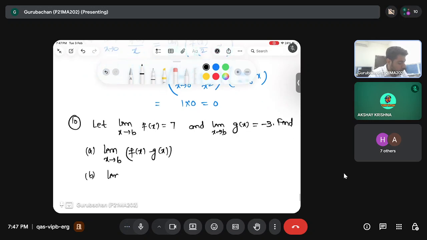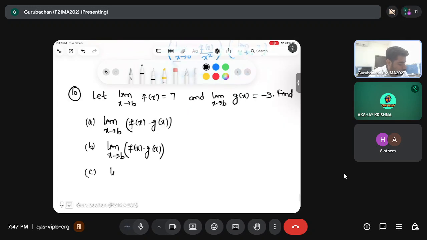Limit x tends to b of f(x) into g(x). C part is limit x tends to b of f(x) by g(x). I hope this is the easiest one. So tell me quickly.